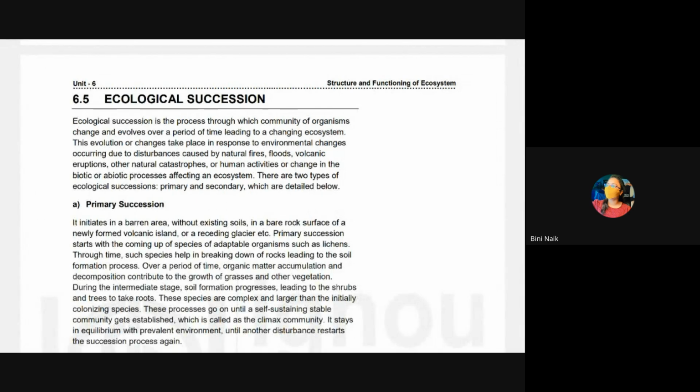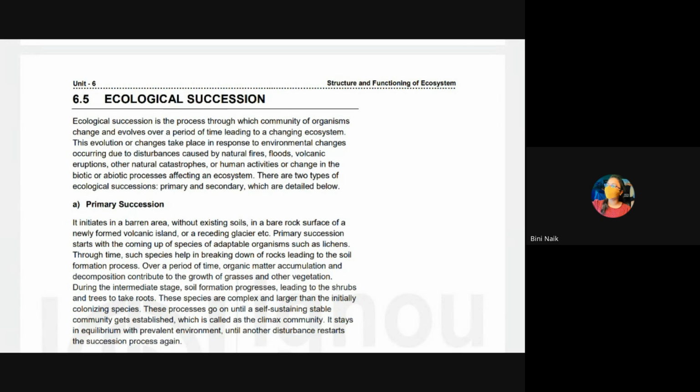Primary succession is when barren land, without existing soil conditions, comes to have some sort of vegetation or animal communities. Because it does not have any existing soil right now, primary succession starts with the coming up of species of adaptable organisms such as lichens.